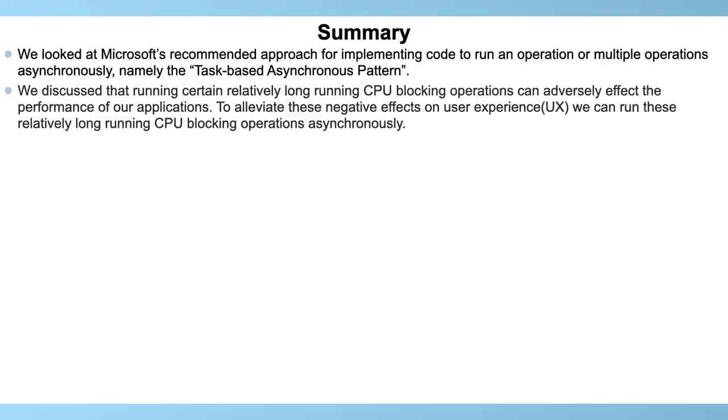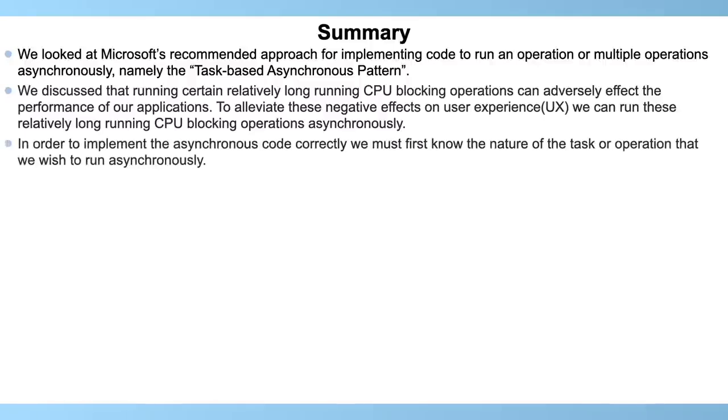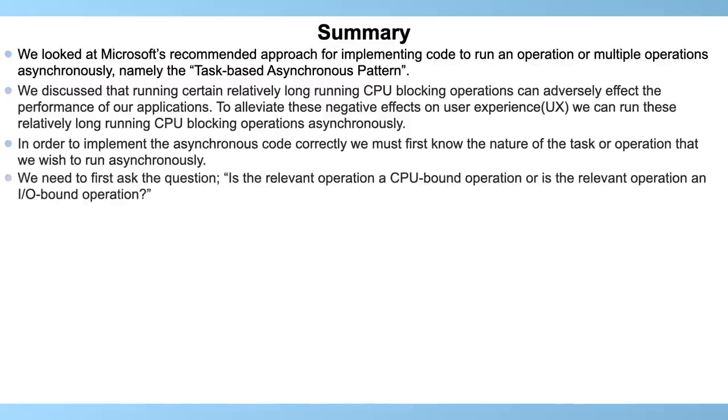To alleviate these negative effects on user experience, UX, we can run these operations asynchronously. In order to implement the asynchronous code correctly, we first need to know the nature of the operations that we wish to run asynchronously. We need to first ask the question, is the relevant operation a CPU-bound operation, or an I/O-bound operation?